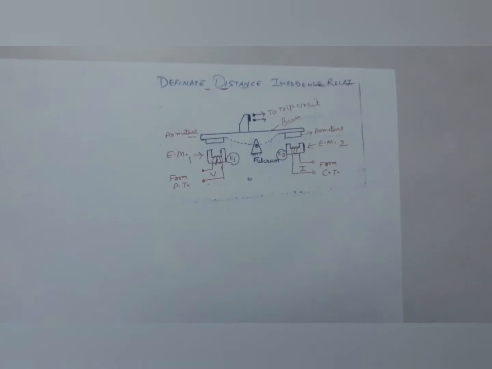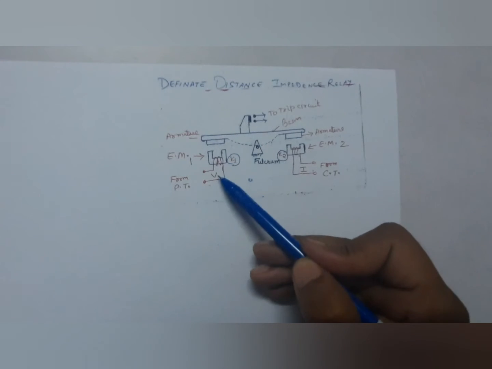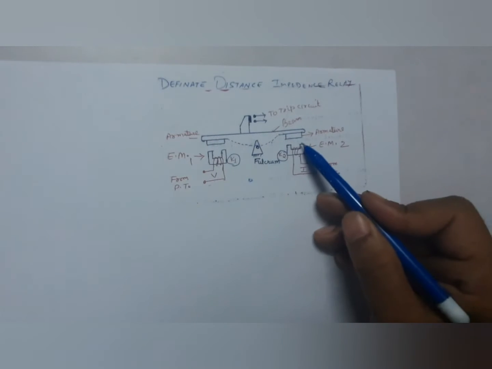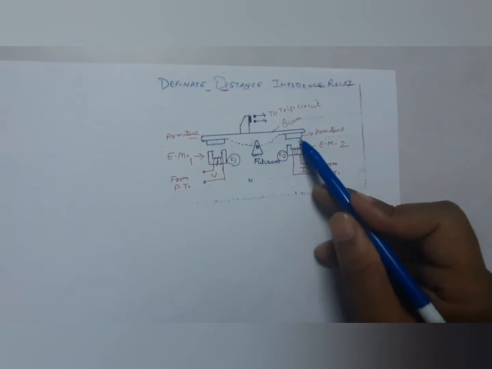Under normal conditions this contact will be open. Why it is open is because the torque produced by this electromagnet will try to pull the armature down, and the torque produced by the current element, or this electromagnet, will also try to pull the armature down.